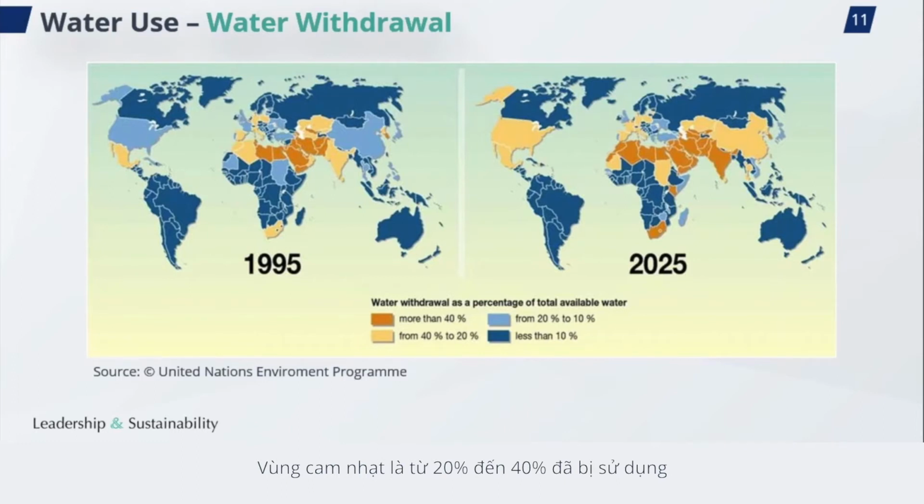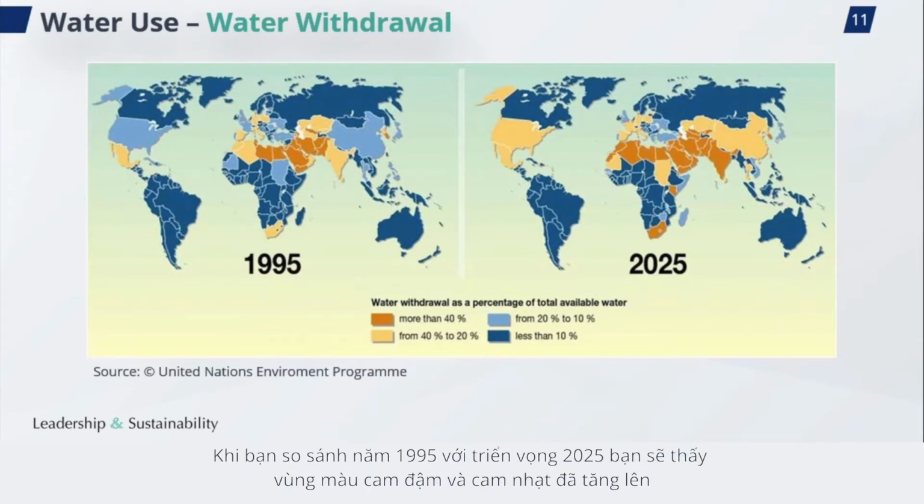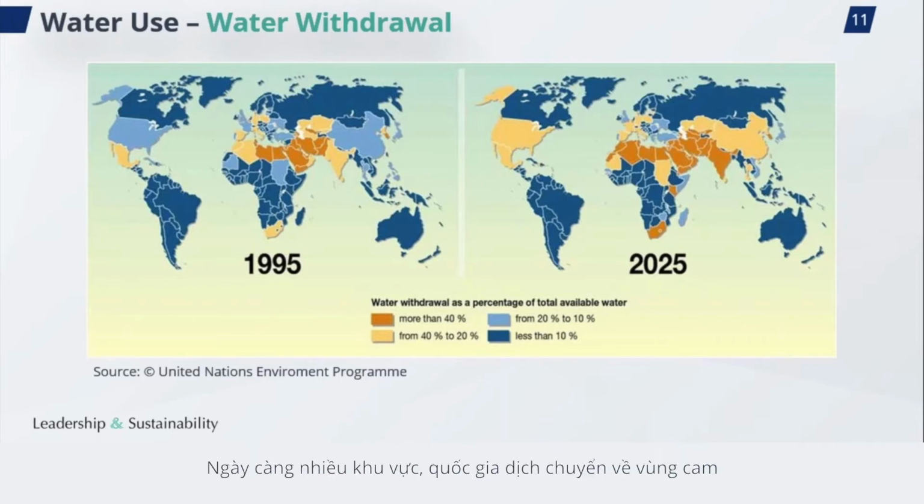When you go from left to right, from 1995 to 2025, you can see that the yellow or light orange and the darker orange colors are increasing. So there are some countries where today in 2025, the estimate is that there will be more than 40% withdrawal of total available water. So the water scarcity is increasing year by year.